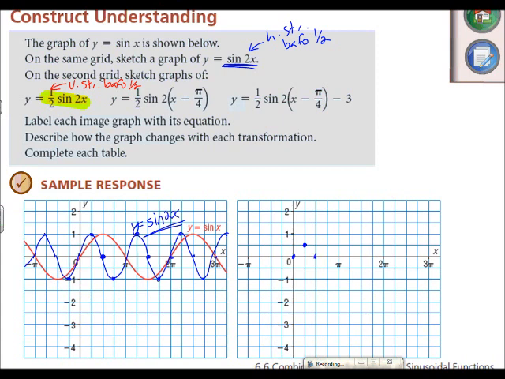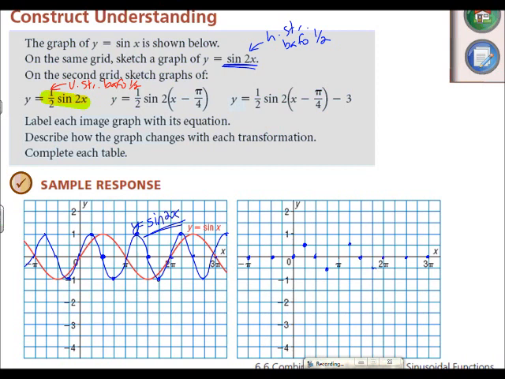So all our x-intercepts will still be the same. I'll just throw those all down. And now all the max and min are going to be half instead of at 1.